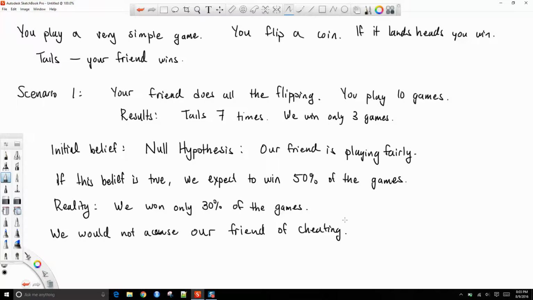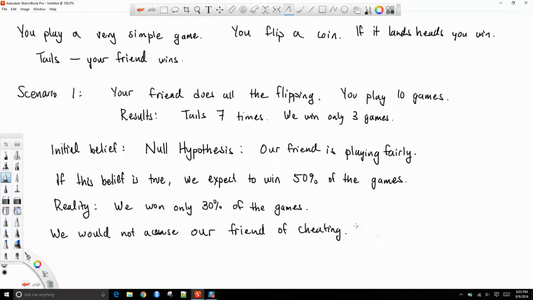We wouldn't say that the fact that we've only won 3 games means he's somehow disadvantaging us. It just means maybe we got unlucky, or maybe our friend is doing something shady. We don't know, so we would not accuse our friend of cheating.